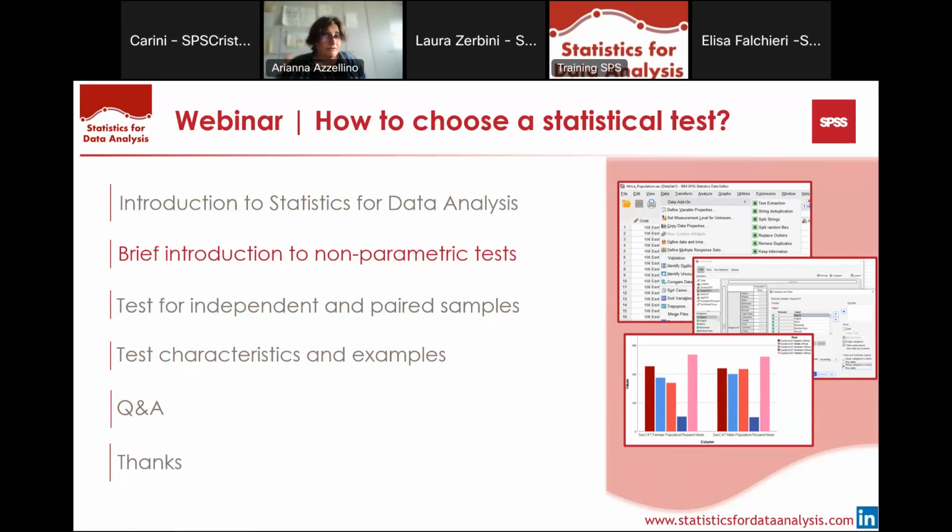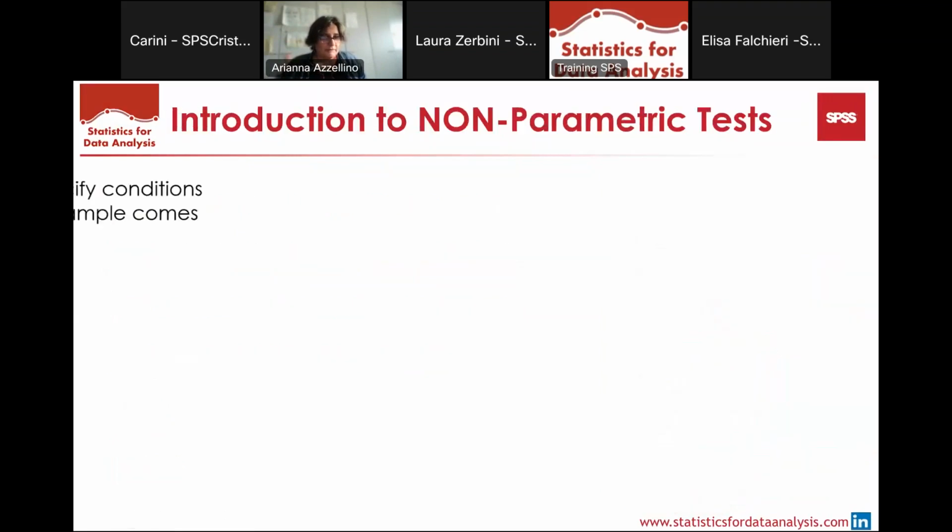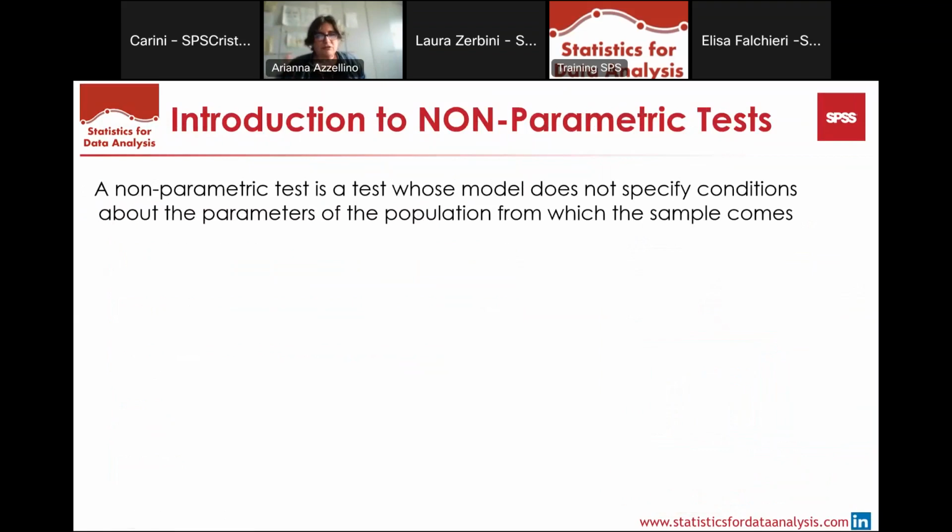So coming to the brief introduction to the non-parametric procedure, for those of you who are not very familiar with this terminology: a parametric test is a test which assumes that the variable that is going to be tested follows a normal distribution.